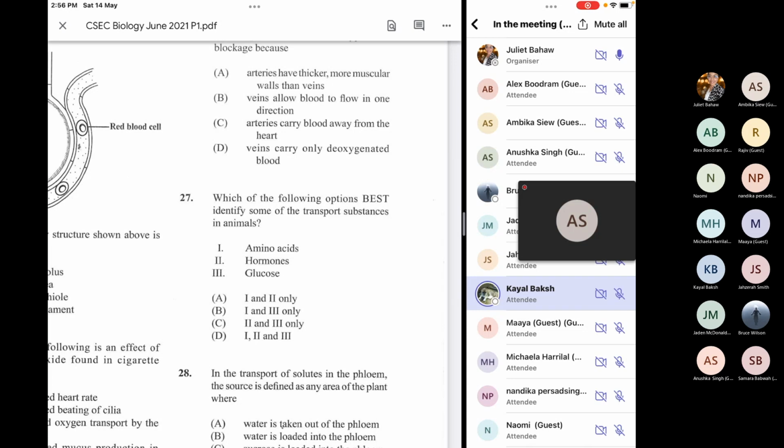So if it was sucrose, then you just have to choose options 1 and 2. But glucose is something that is transported in animals. So therefore, you go with all of them: amino acids, hormones, and glucose. Right? So that one would have been D. I saw this one change up to sucrose. All right. Next, 28.